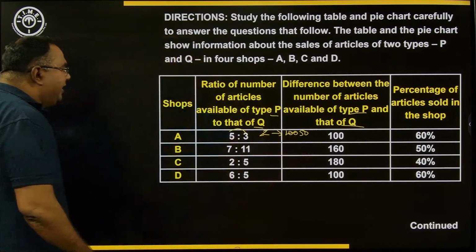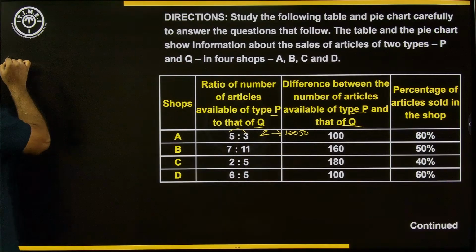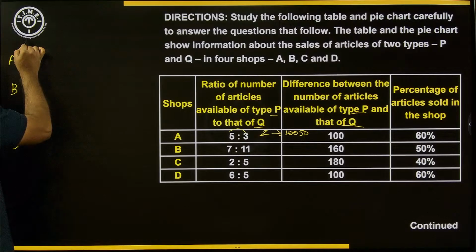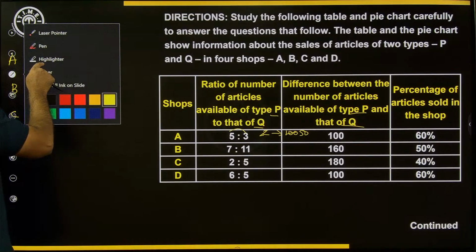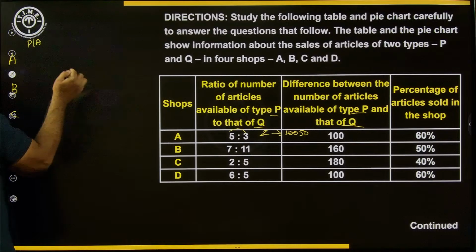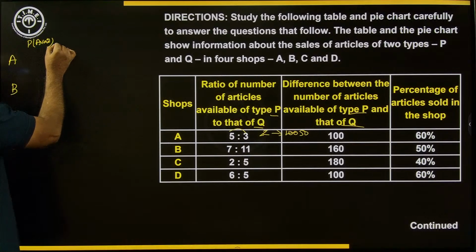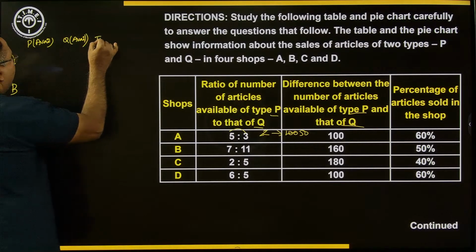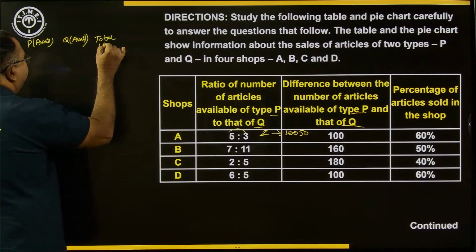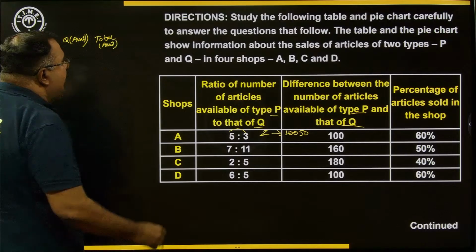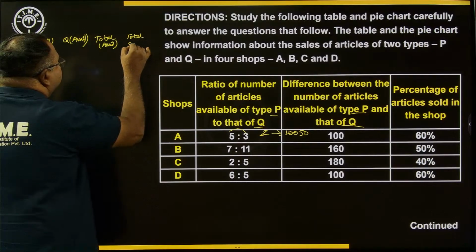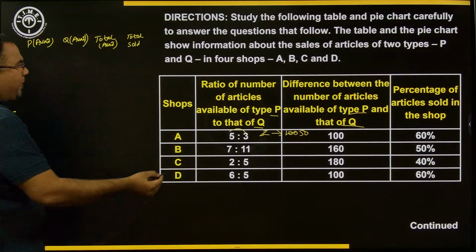So I write the number of articles available: P available, Q available, total available, and articles total sold, for A, B, C, D. Let me take these two parts, each part 50.